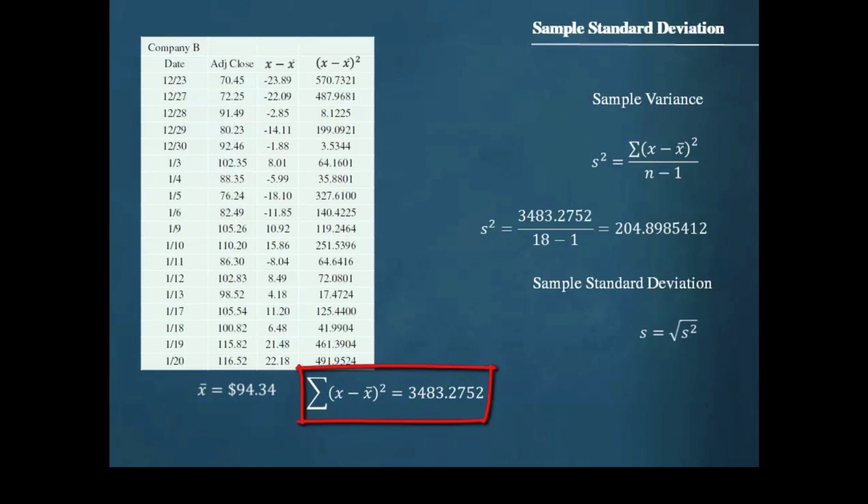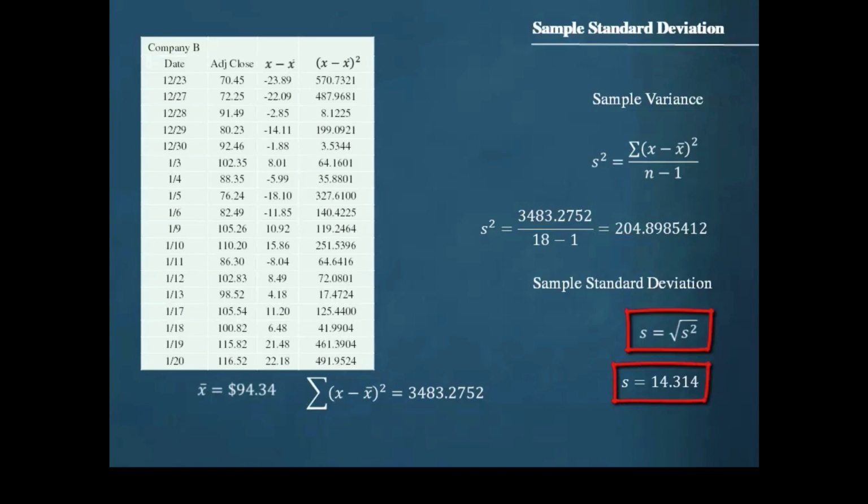Then we sum up all of these squares and then divide that sum by, once again, one less than the sample size, in this case 17, in order to find the sample variance. The square root of the sample variance will give us the sample standard deviation, in this case of 14.314.